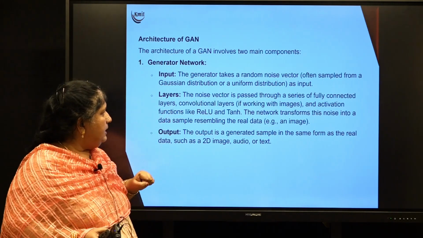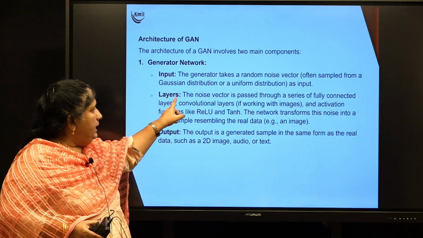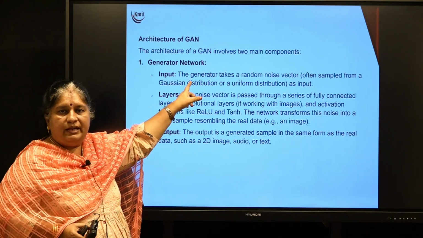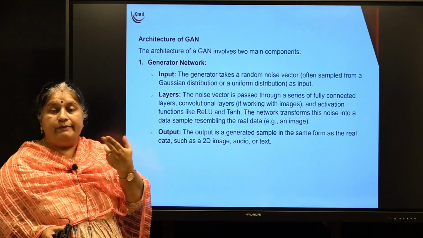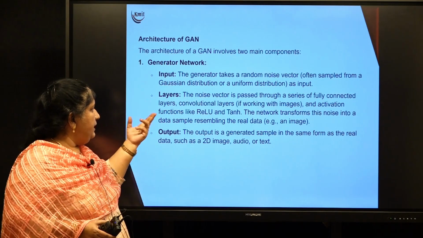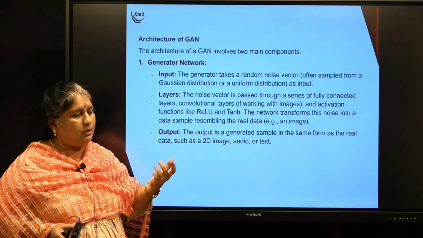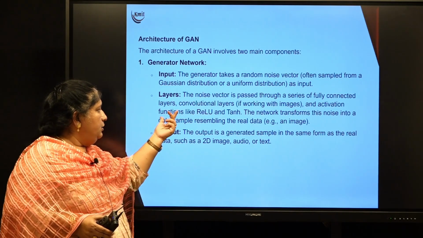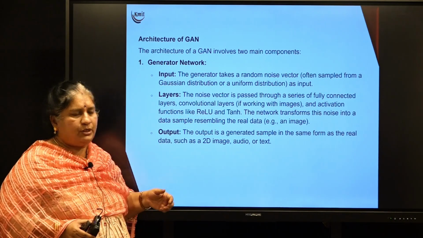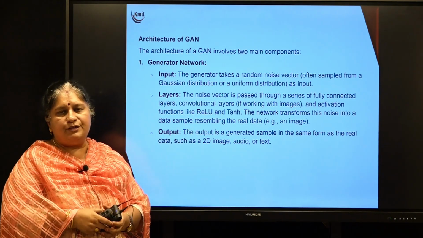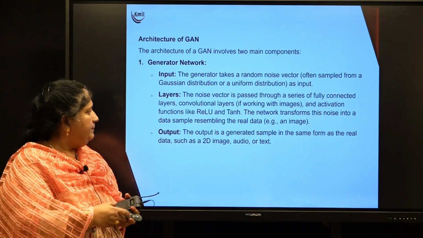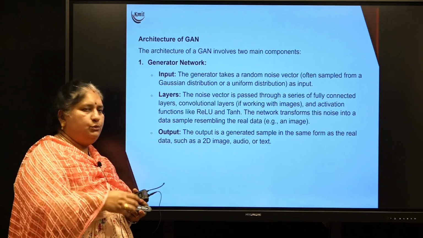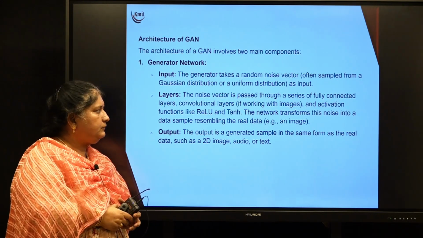The noise vector is passed through various layers, which we also call convolutional layers, and you apply an activation function. We can select the activation function depending on our requirement. Most of the time we work with ReLU, TANH and so on.